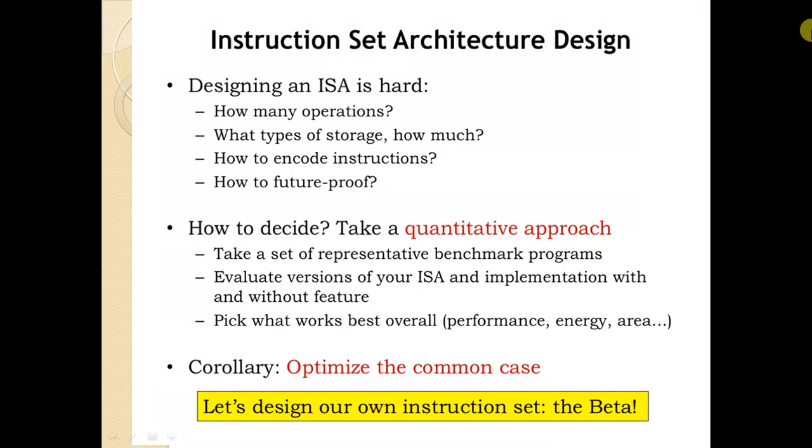Instruction set architecture design. Designing an ISA is hard because in this, the designer should know how many operations there are, what type of storage is required, with how much capacity, how to encode instructions, how to future-proof, and how to decide, taking a quantitative approach.